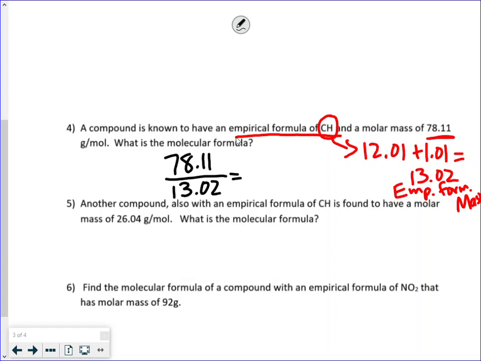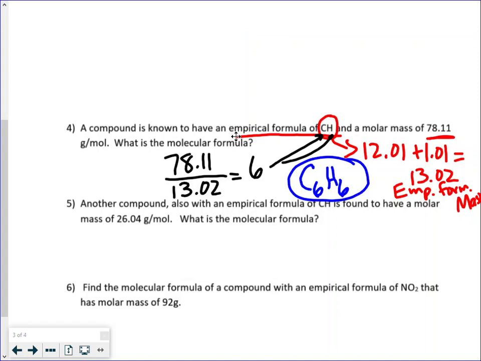In this case, my multiplying factor ends up being 6. And so then, what is 6 times 1? 6 times 1. Our molecular formula happens to be C6H6, which is benzene. One of those fun organic compounds.